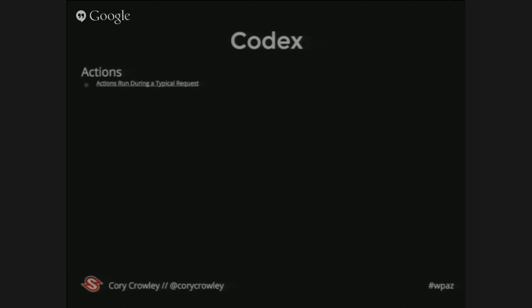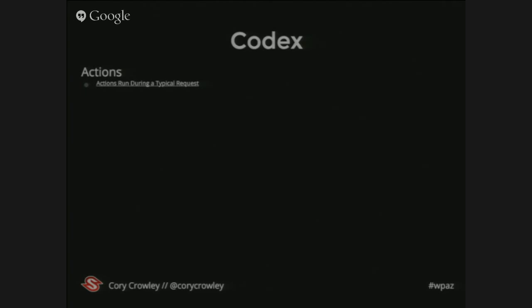Inside the Codex, we have links about actions that are run during a typical request. So when WordPress does a request of a web page, what actions are run top to bottom, and what can you hook into.